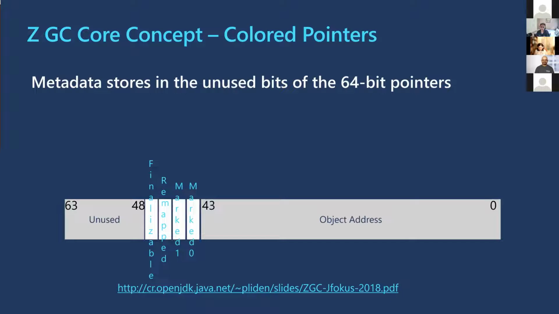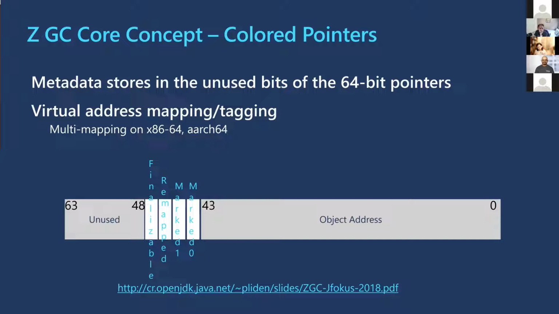On x86 64, and I think also on ARM 64, you have multiple maps available of this heap space. So you have 3 different maps, and that concept is called multi-mapping. What stage are we in, the marked, the remapped, or the regular final stage, is all in 3 different sets in virtual maps. So I hope that is clear.